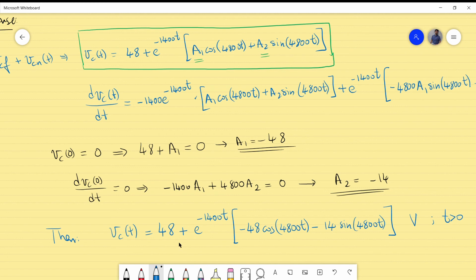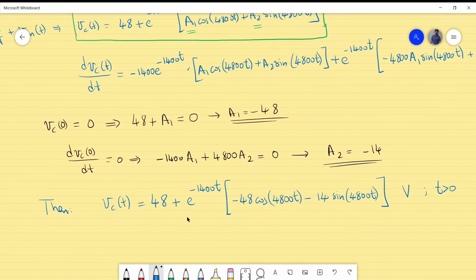Of course, you can simplify this a little by taking some of the factors outside, or taking the minus sign outside, but it's already sufficient to carry out the calculations for next analysis. So this is the final result that is required.